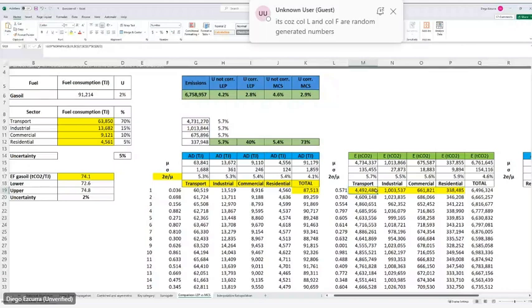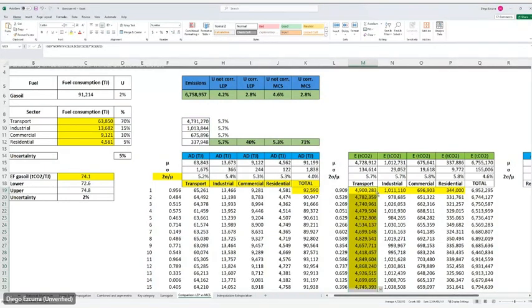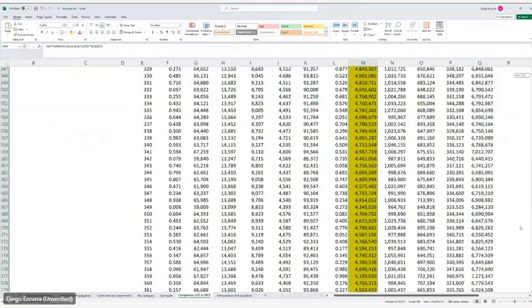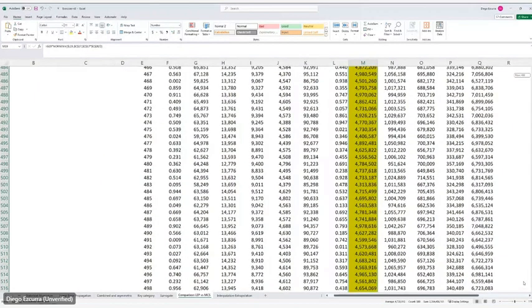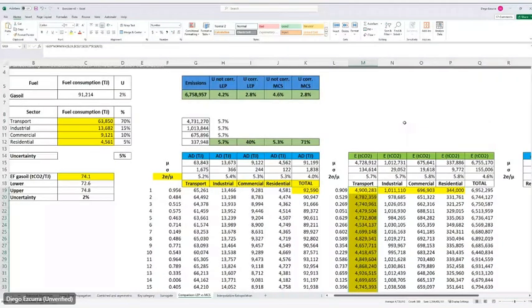And I just repeated these calculations 500 times. So I simulated the behavior of the inventory, of the calculation of the emissions, 500 times for each of these sectors consuming gas oil in this example, and I've recalculated the emissions associated to the gas oil consumption in each of the sectors 500 times.